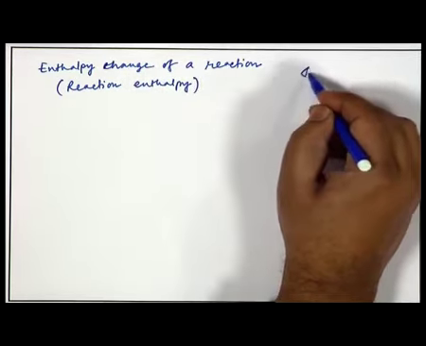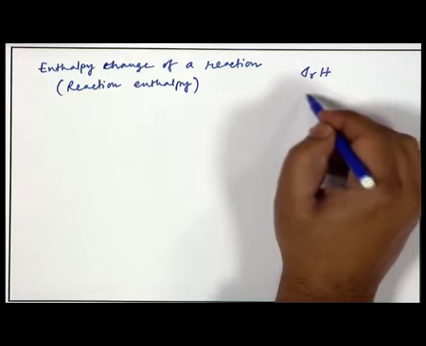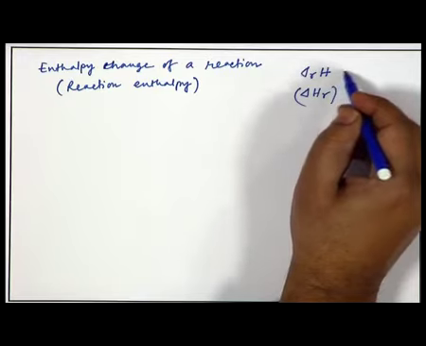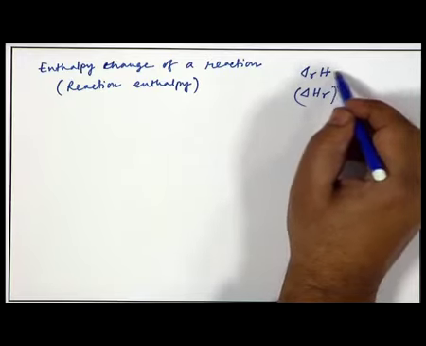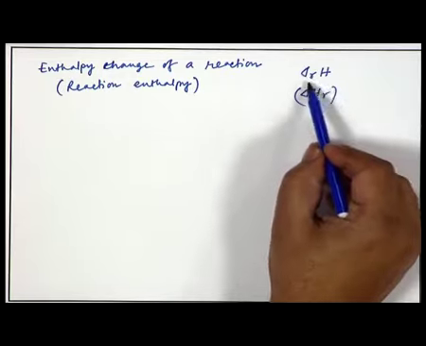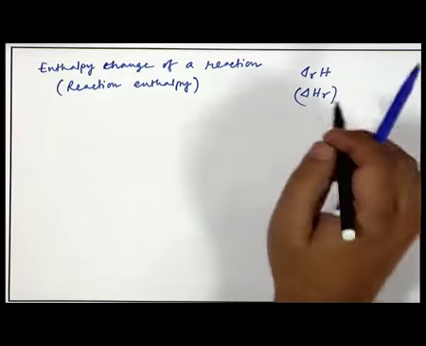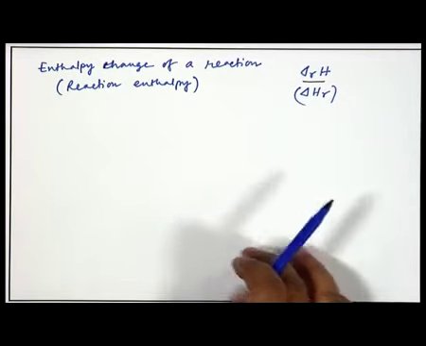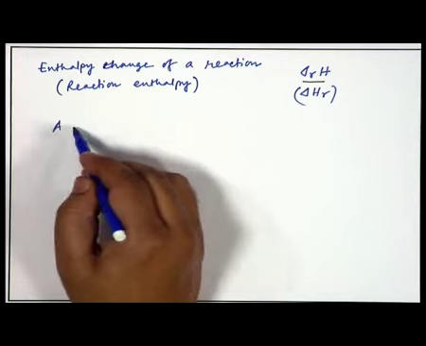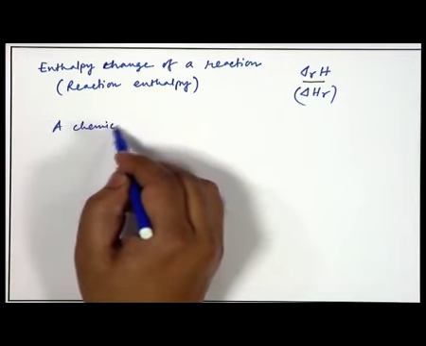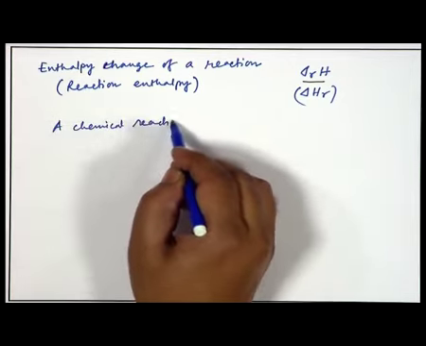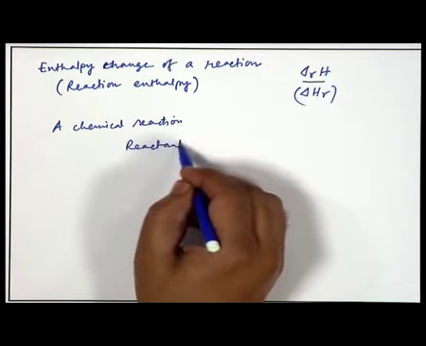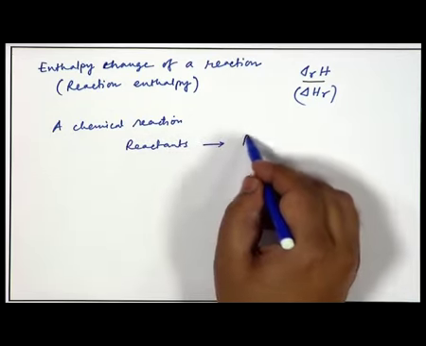In the sign we write delta H R, or in some cases we write it differently, but in your textbook it is written this way. So, we will use this as the representation of reaction enthalpy. In general, a chemical reaction can be written as a set of reactants going to products.